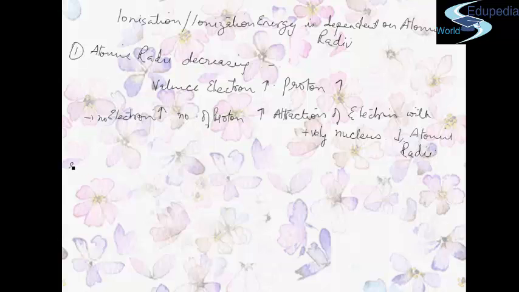Now let's explain the second point, which is that the ionization energy increases because, as we have just explained, when we go across the period, the number of valence electrons increases in the same energy level, as well as the increase in protons in the nucleus.